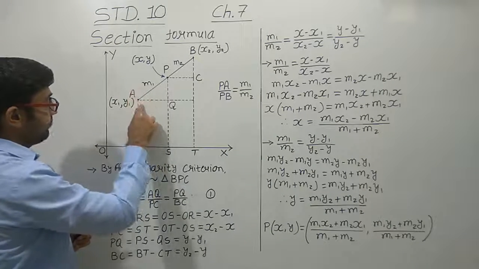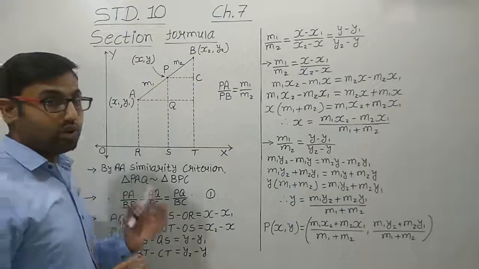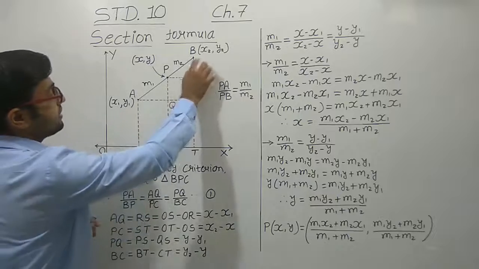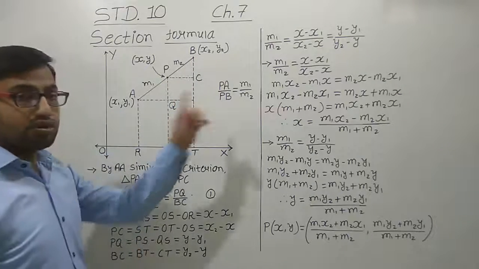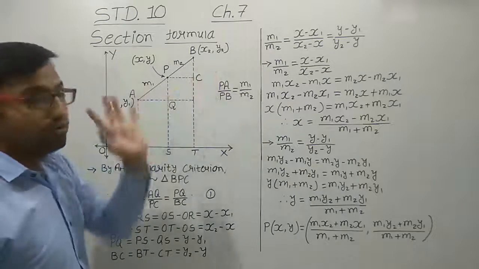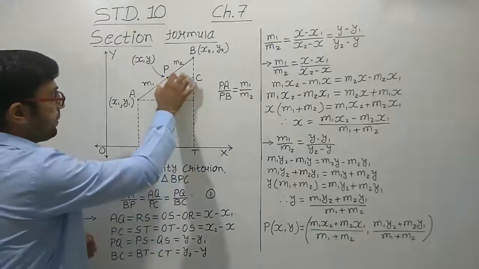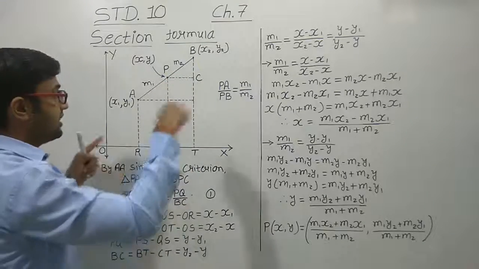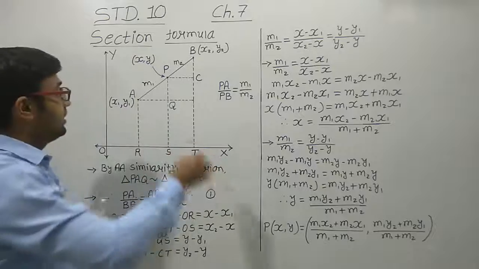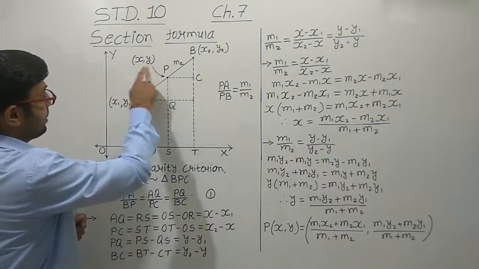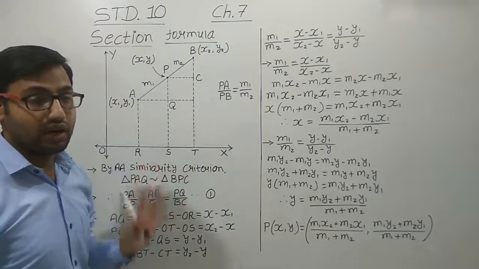So this is the point A. Let's suppose its coordinates are x1, y1. This is the point B, and let's suppose its coordinates are x2, y2. And the point P, which divides the line segment into two parts, let's suppose its coordinates are x, y.